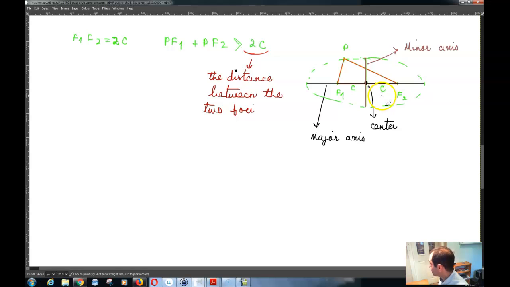The line segment through the center and perpendicular to the major axis is called the minor axis, which is basically this line segment over here.